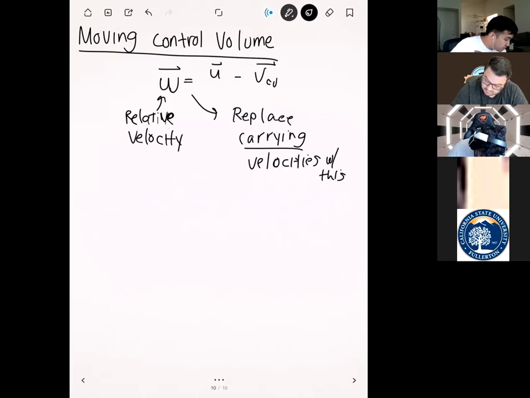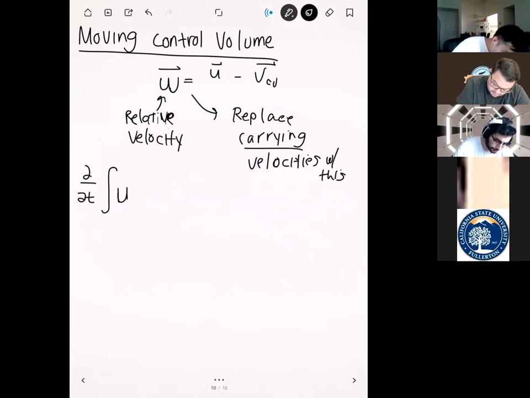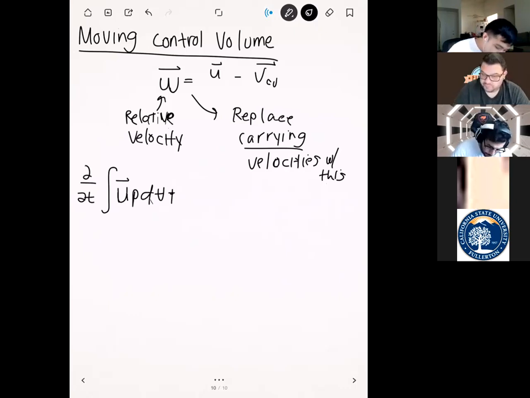It's going to look like partial t of the integral of u rho dv. Remember, that's just the regular component u, and so we're not replacing that. And we're going to add our inflow-outflow term.